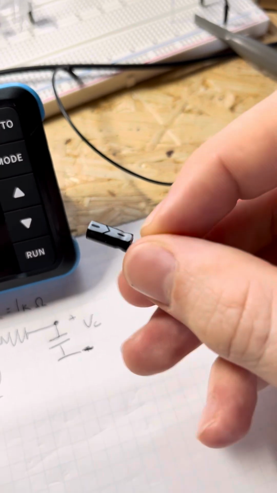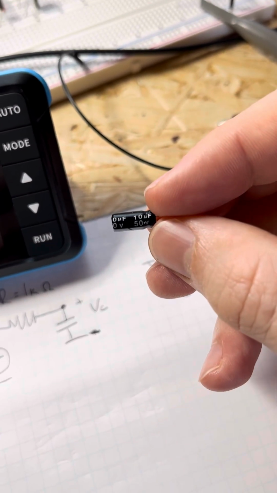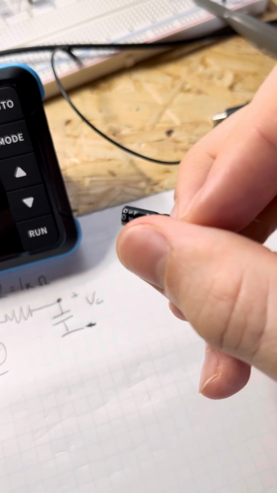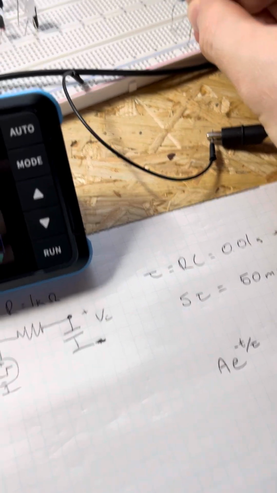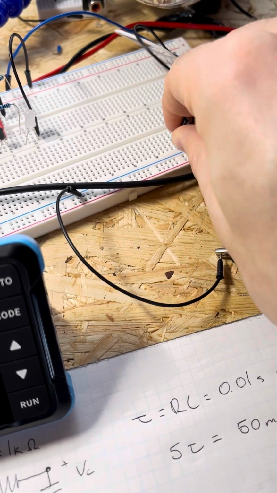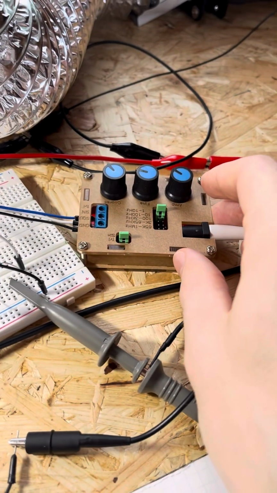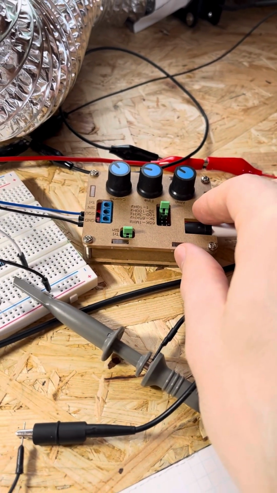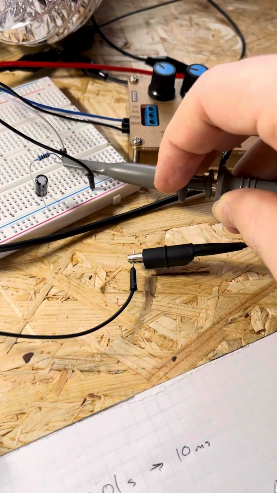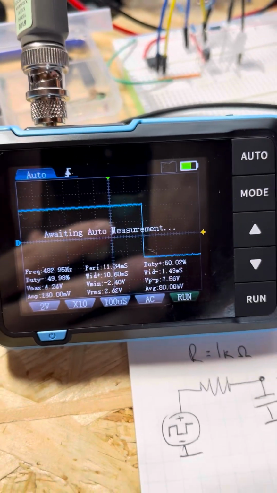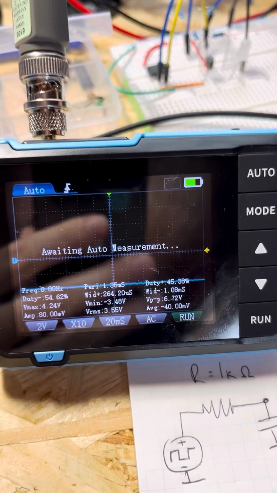Now here, what we're going to do is use a 10 microfarad dielectric capacitor and try to approximate that. And right here, I've got a little signal generator. We're using the square wave from it. If you want to just look at the square wave part, I can hook my oscilloscope up to that, take out the capacitor and look at that real quick.